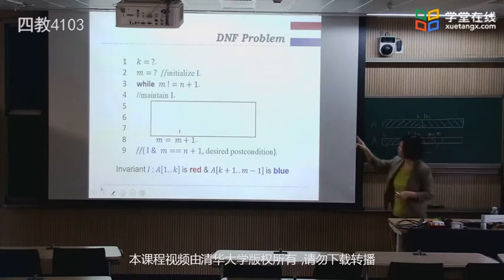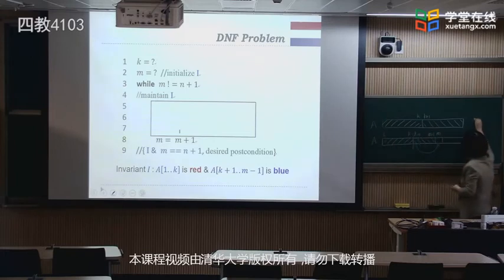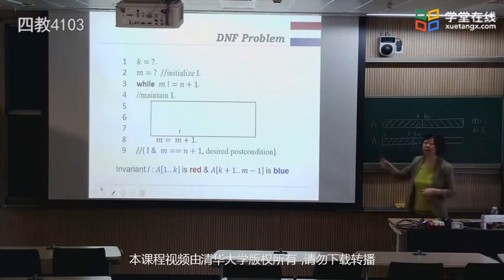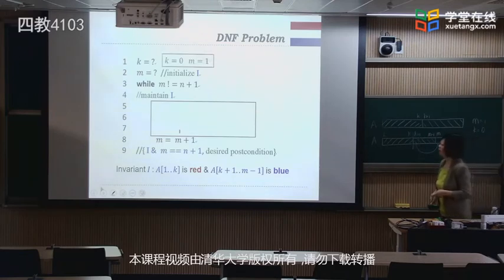And then the m, the loop invariant, should start from the very first position, so m should equal 1, and k should equal 0. If we have k equals 0, m equals 1, then both of the subarrays are empty. Okay? So k equals 0, m equals 1.